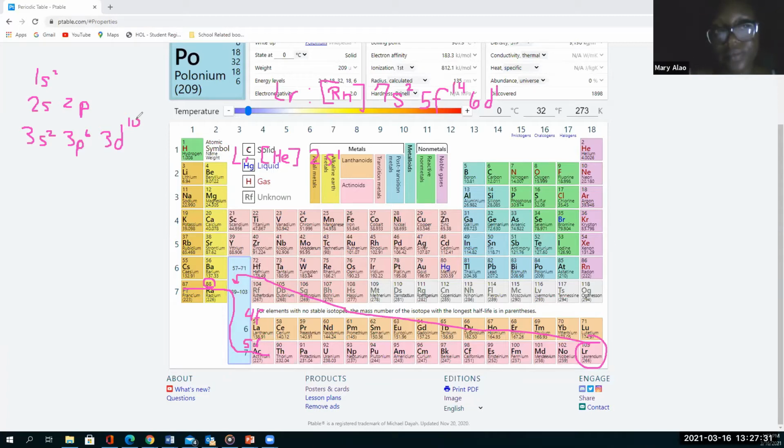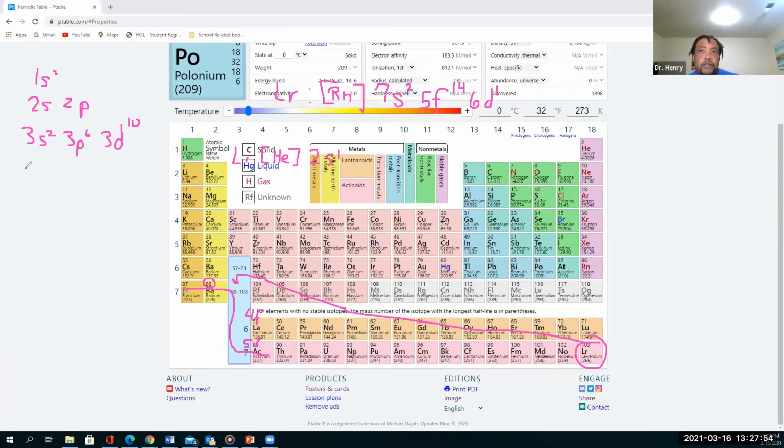Yes, in terms of energy, but in terms of the orbitals that are technically available in that energy level, in the third level there's only 3s, 3p, and 3d. We don't have a 3f, do we? No. But you're right, we would go 4s first because 4s is lower in energy.